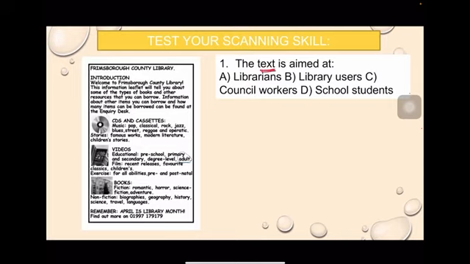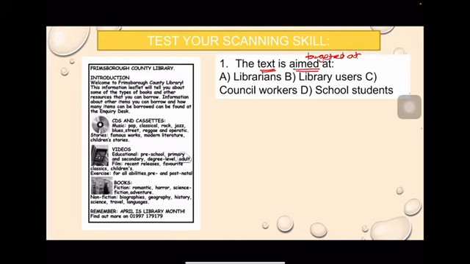So when it says it aims at, okay, what is the meaning of aim? Targeted at. And when you look at the options, it talks about the people. The librarian, the library users, council workers, and school students. So who do you think this text is targeted at?